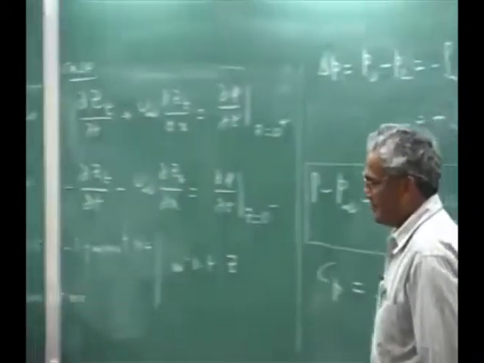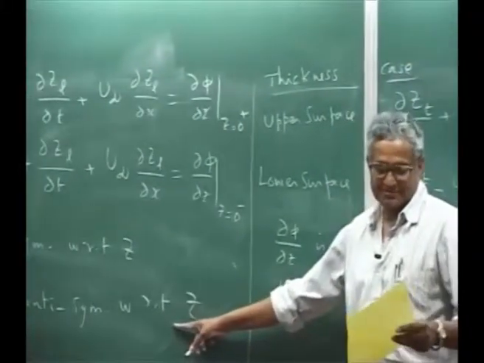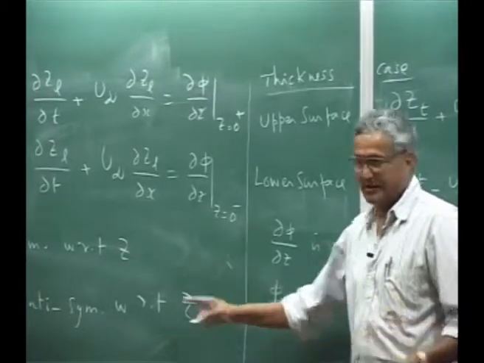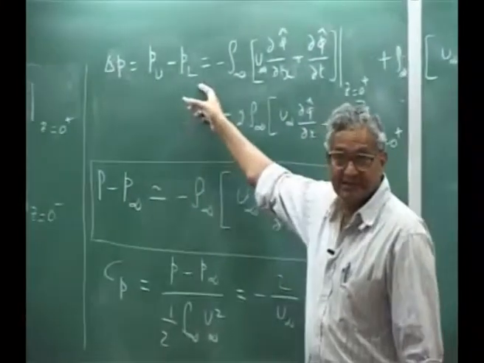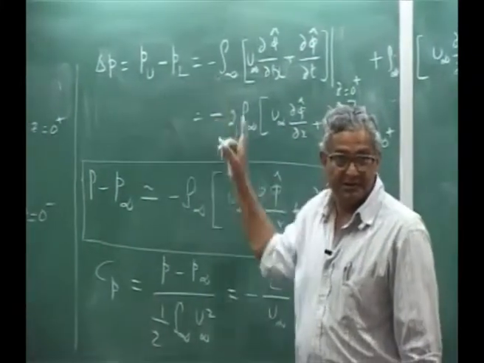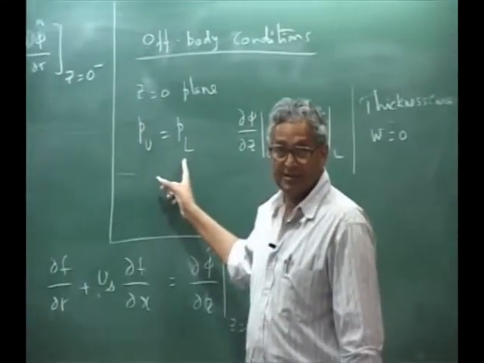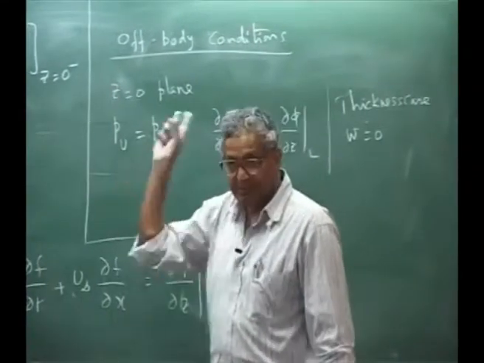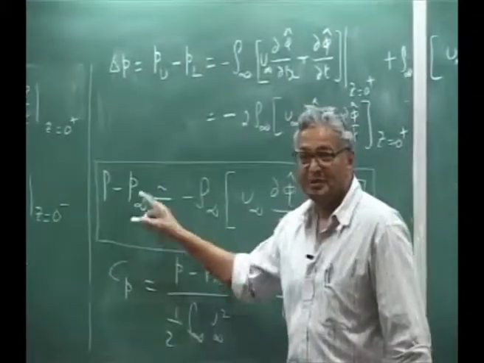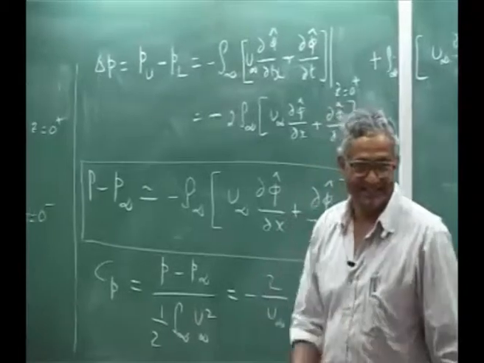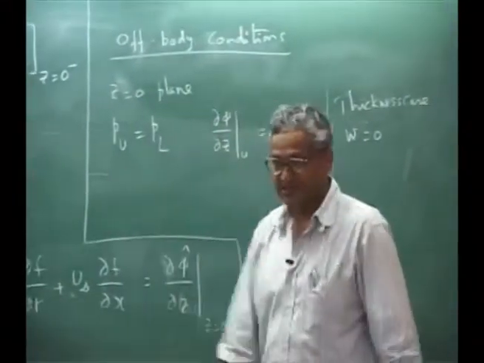Now, if you go to the lifting case, phi is antisymmetric. That means your pressure upper and lower are opposite. Whereas here it says Pu must be equal to Pl, which means the pressure change should be 0. Pressure should be P infinity, that is all. So, there is no pressure change.